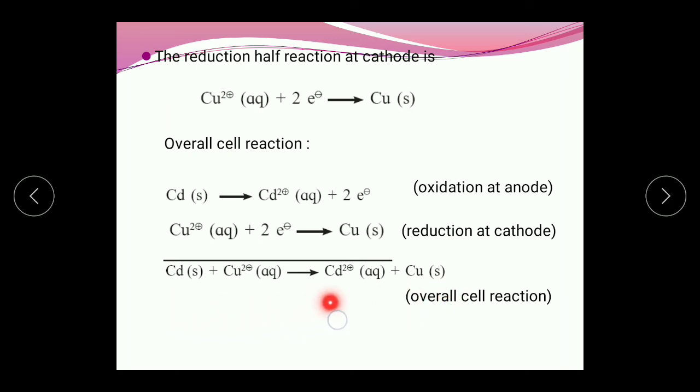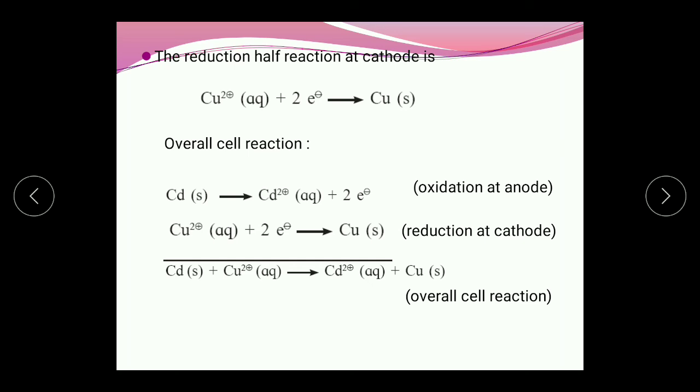So, the conversion in the overall cell reaction will tell you what the oxidation half reaction is, what the reduction half reaction is, and hence what the overall cell notation is. Understood? So, in the exam, you may be asked in both ways: to write cell reactions by observing the cell notation, or by observing the overall cell reaction, write down the cell notation along with the reduction half reaction and oxidation half reaction.